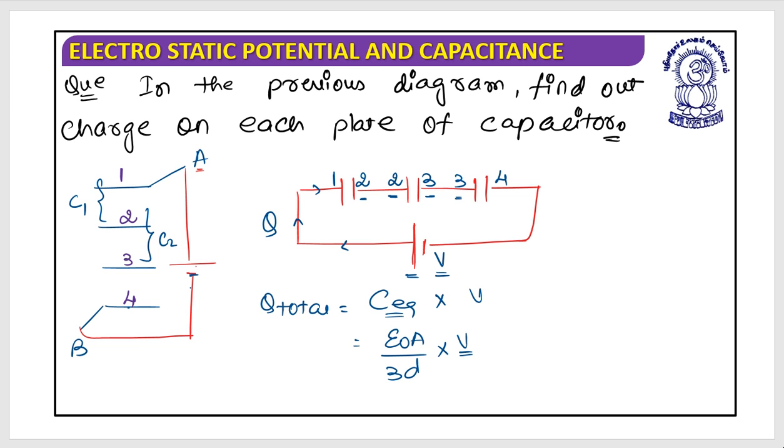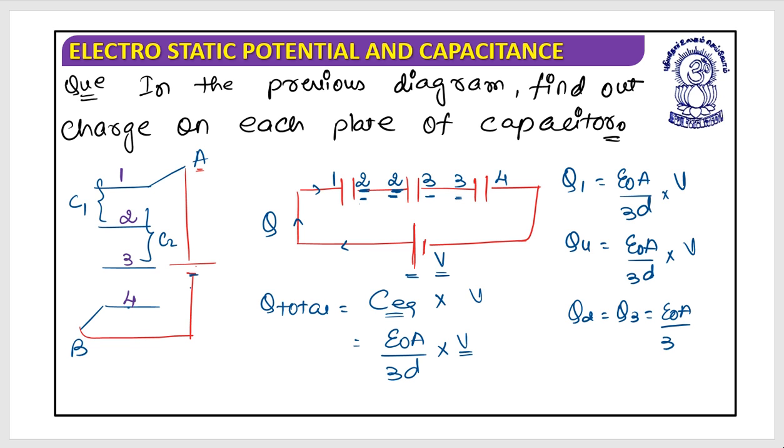So the charge on the first plate is epsilon naught A by 3D into V. The charge on the fourth plate is epsilon naught A by 3D into V. The charge on the second and third plates, as they are connected with two capacitors, is epsilon naught A by 3D into V multiplied by 2. This would be the situation.